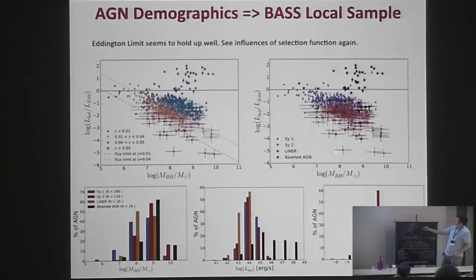You can also look at this in terms of Seyfert 1s, Seyfert 2s, and LINERs, or low luminosity, low Eddington ratio sources. And so what's interesting is you see that the Seyfert 1s seem to be higher accreting sources than the Seyfert 2s. And so if you had a pure orientation model, you wouldn't expect this. You would expect to be able to correct the Seyfert 2s and find the same luminosity for them.